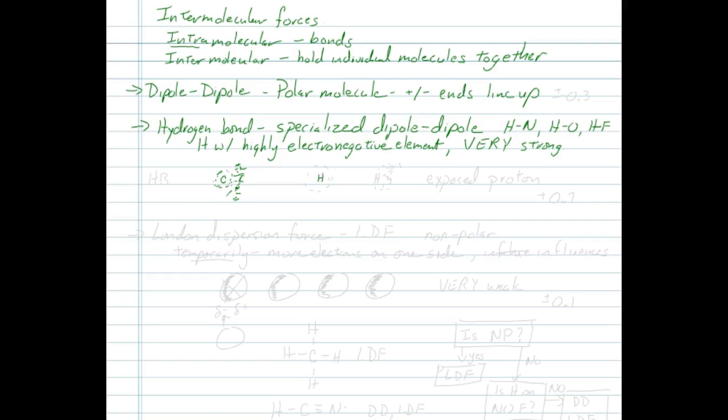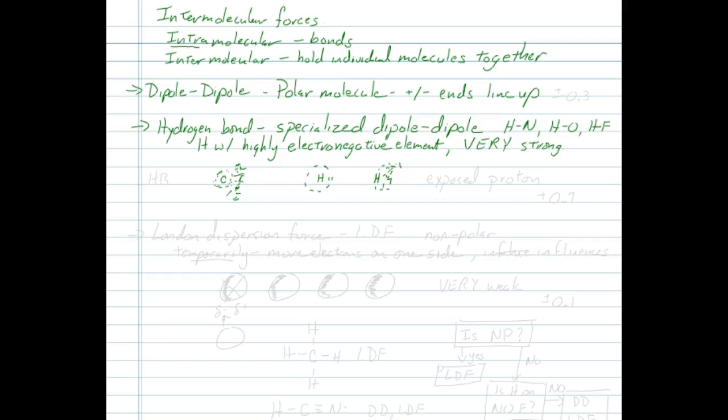Hydrogen, on the other hand, has only the outer shell. So when its bonding electrons are pulled away, the hydrogen proton is more exposed. So the hydrogen's hanging out there.